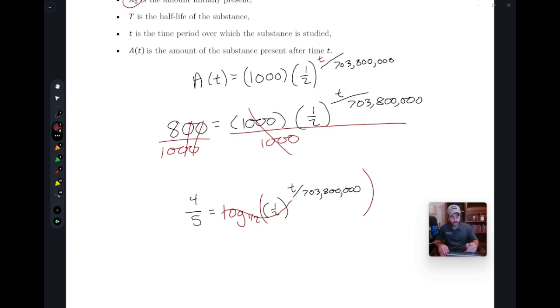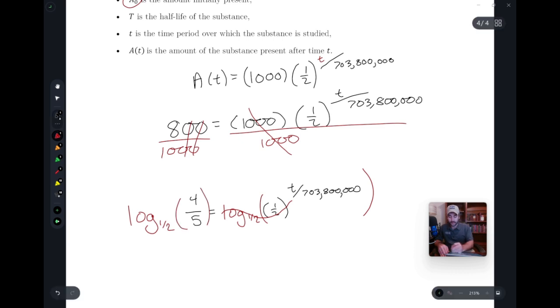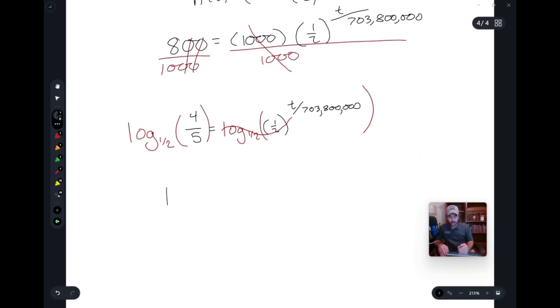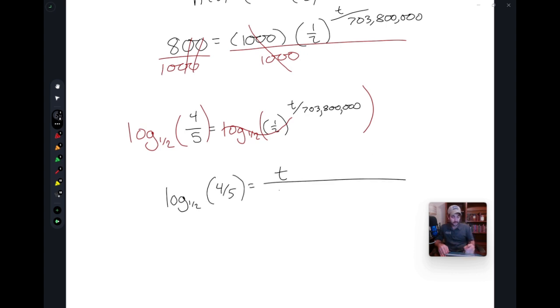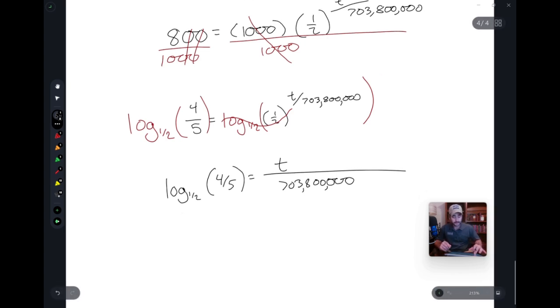It's going to take out that base and leave us with just our argument up top. But what we do to one side, we have to do to the other. So log with the base of 1/2 of 4 over 5. And so we've got log base of 1/2 of this ugly fraction equals t over 703,800,000. We're getting real practical, but we're able to do it without a calculator so far.